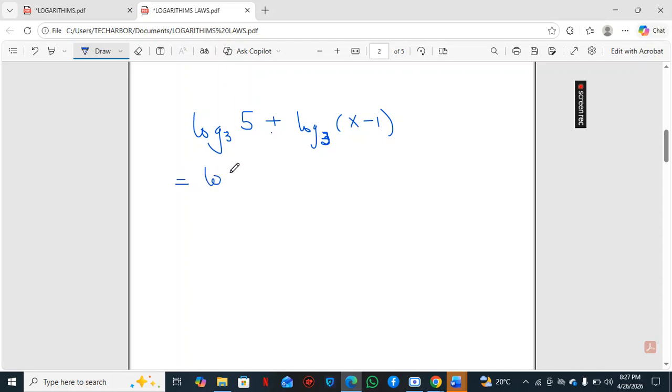You're just going to say log base 3 is equal to 5 times x minus 1, which you can write like this then: log base 3 of 5 times x, 5x, 5 times negative 1, that gives us negative 5. That is the product rule.